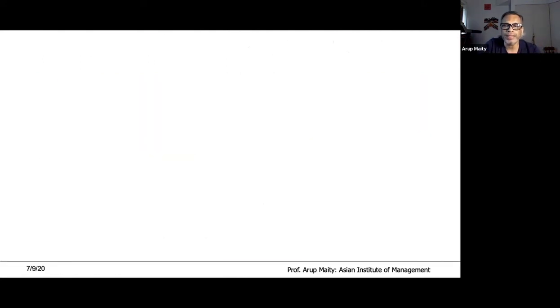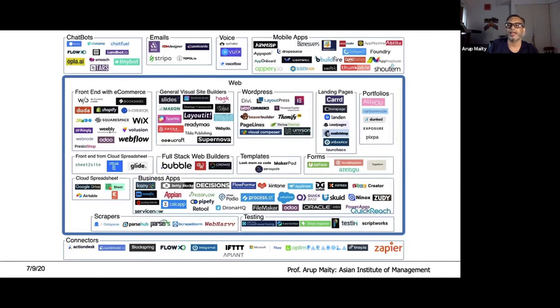Now, this is my last slide, and you may or may not be able to read it all. If you do some search, you can find it, but there are hundreds of different low code, no code software, and each of these is for its own specific need. For example, Wix.